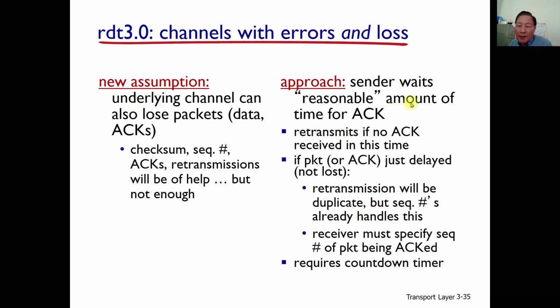The sender waits a reasonable amount of time for the acknowledgement. This one is about waiting time. How long should the sender wait for that acknowledgement from the receiver? If the sender is waiting for a long time, it will take a long time to deliver the lost or corrupted one.